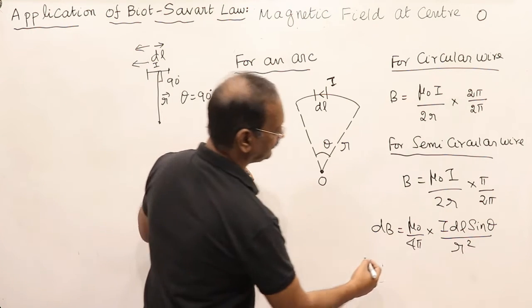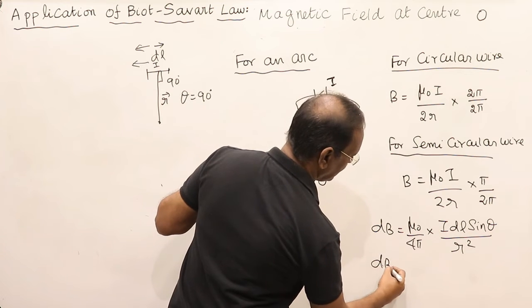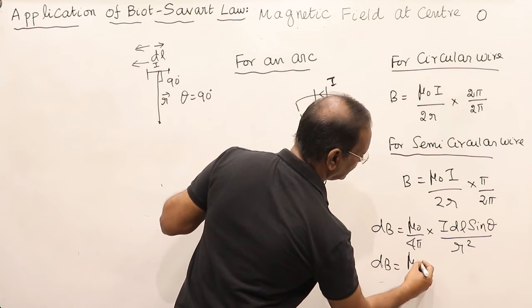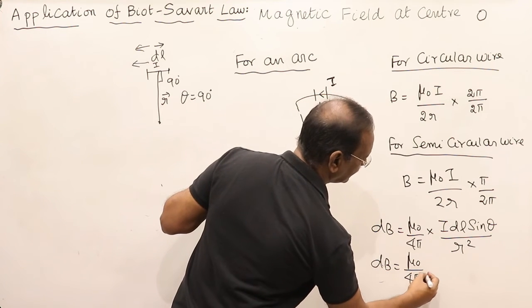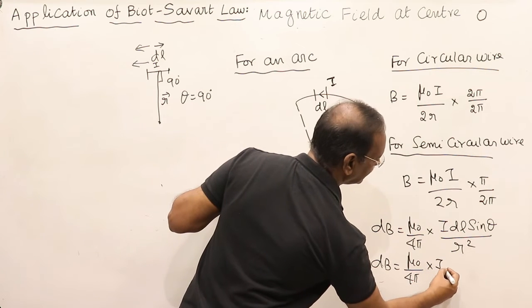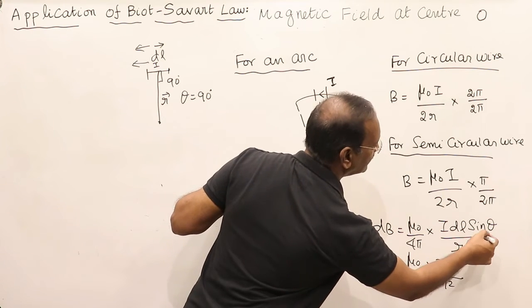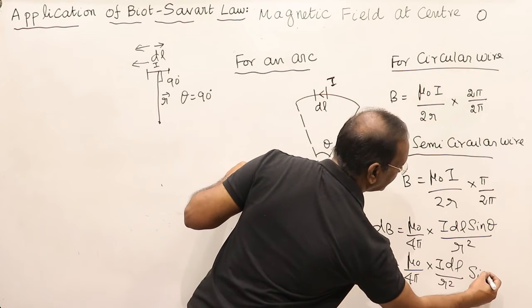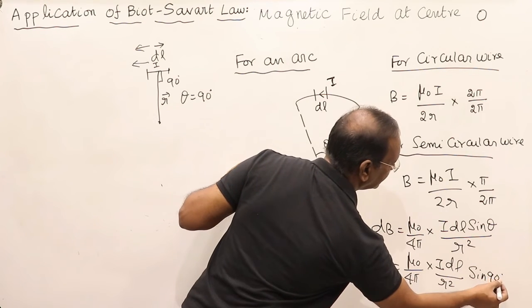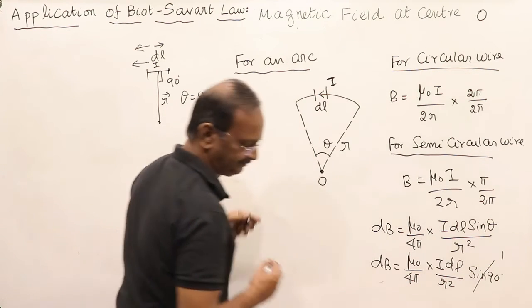Therefore dB is equal to mu naught by 4 pi into I into dl divided by r square, and sine 90 is equal to 1.